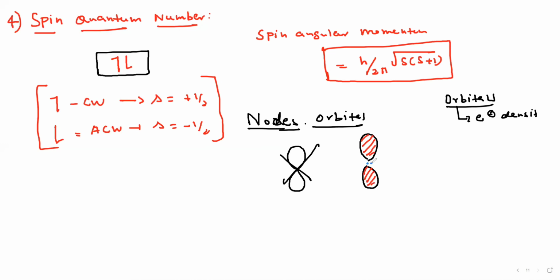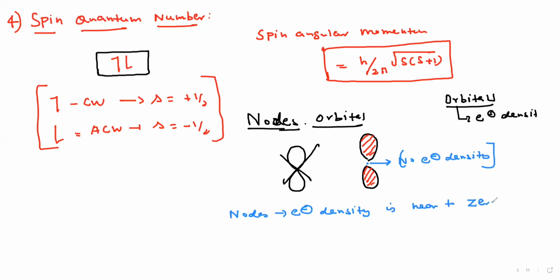At this point there is no electron density, right? Yes or no? No electron density. Now what is a node? Please note. A node is where the electron density is near to zero.